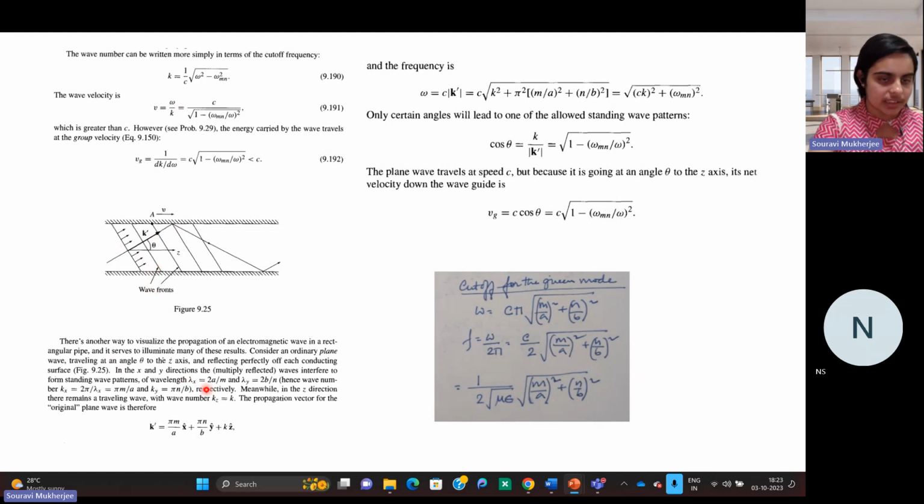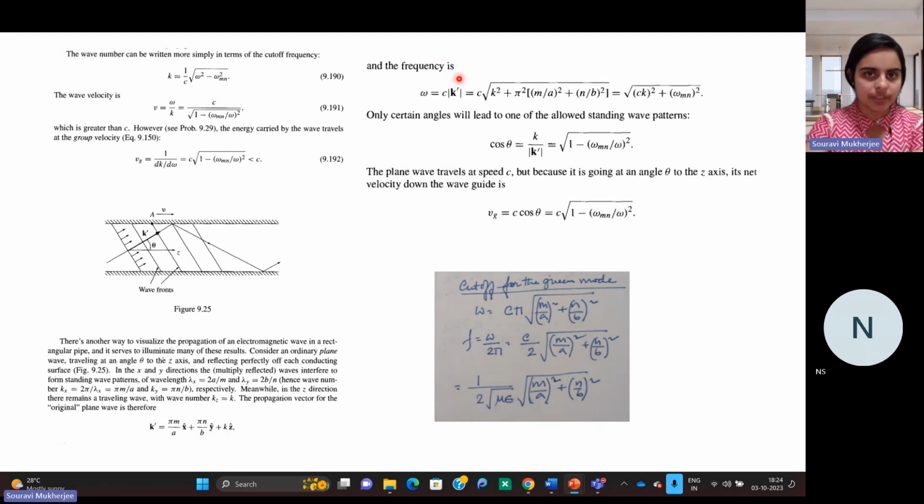That brings in the periodicities in the wavelengths, lambda x and lambda y. While in z it's a traveling wave with wave number kz. This is how you can write the propagation vector, and you can see that it involves the dimensions of the waveguide.